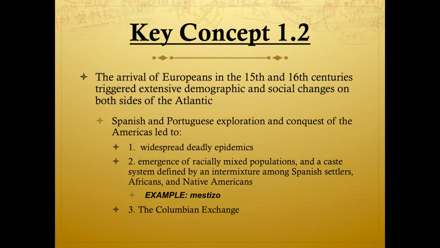When you see "example" again, that tells you I will never put that on a multiple choice test, but you could use it as an example in an essay. But you would want to know that this did happen. Okay? As Spain begins to conquer much of Central America, South America, and the Caribbean, and the Portuguese, there's an intermixing of native people and Spanish, and eventually even Africans.